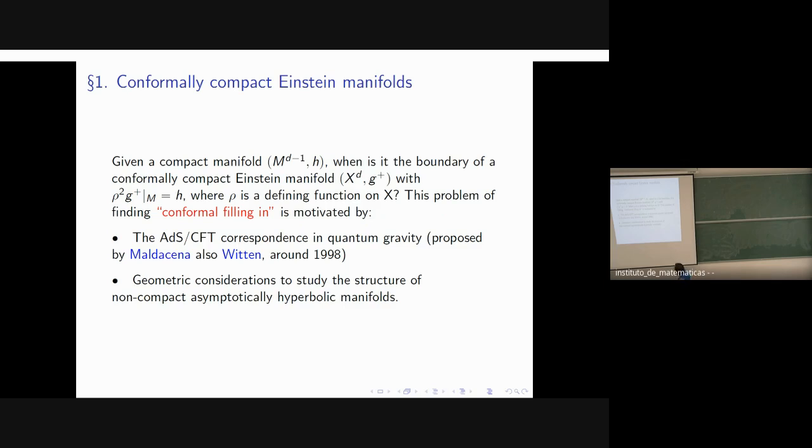And as far as I can tell, it was first raised in an article by Maldacena around 1998, but it's also mentioned in articles by Witten.